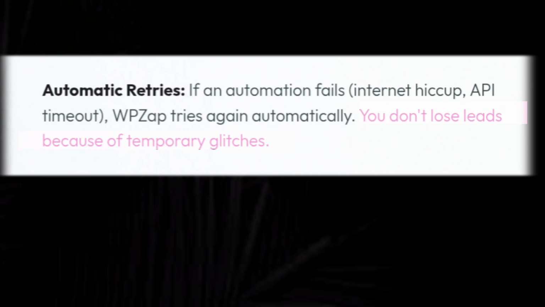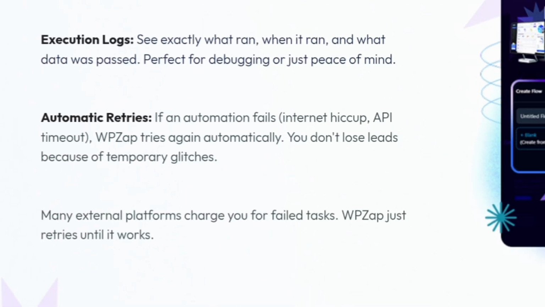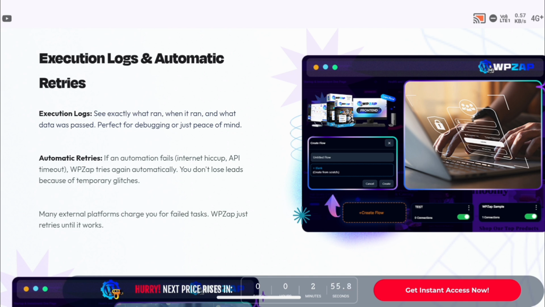It retries. It sends the data again until it goes through. And if a client asks, did that order go through? You don't have to guess. You check the execution logs, you have proof. This ability is what allows you to charge a monthly maintenance fee just to keep an eye on things, even though the plugin does the heavy lifting for you.